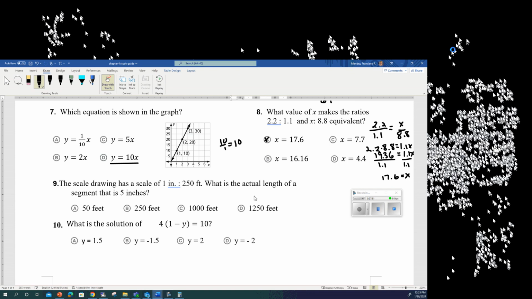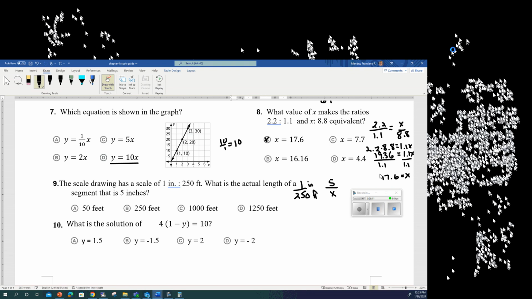Number 9 is very easy. We're taking the same type of problem when we cross multiply. We're going to put 1 over 250. We know the inches is on top, feet is on the bottom. And we know that we're going to make this equal to 5 inches. So 5 is on the top where inches is.